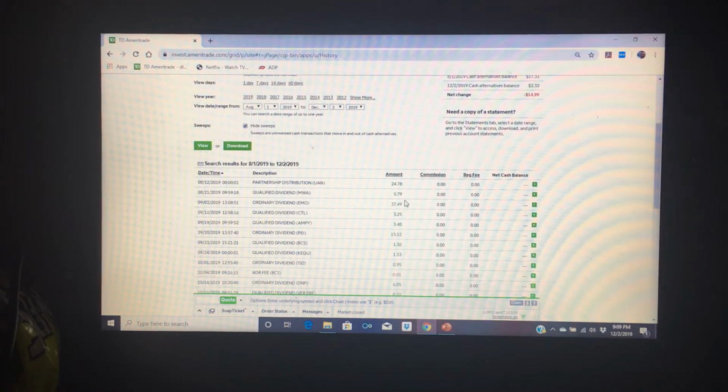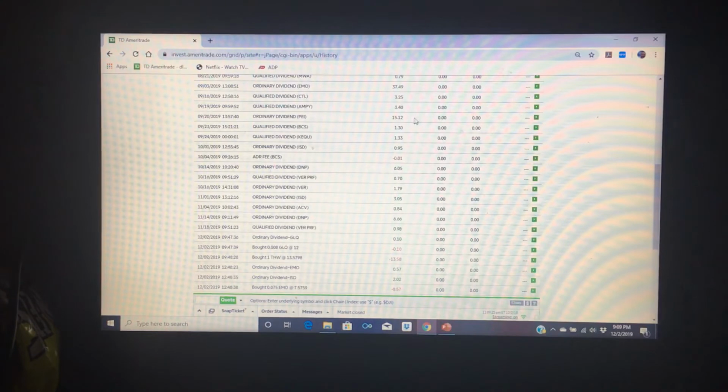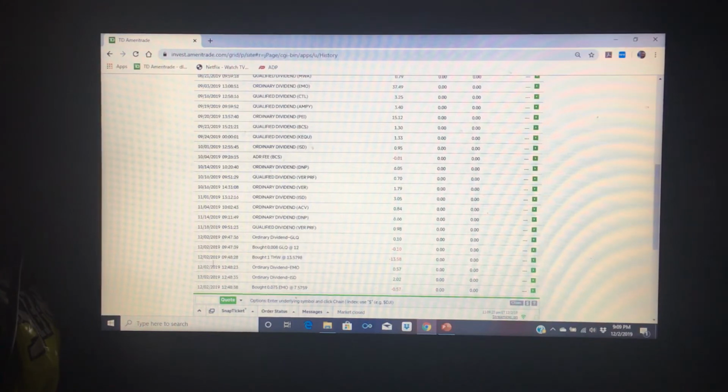After that, I started receiving payments fairly regularly: 79 cents, 37.49, 3.25, 3.40, 15.12. I literally am almost getting checks every week, sometimes 2 or 3 a week.